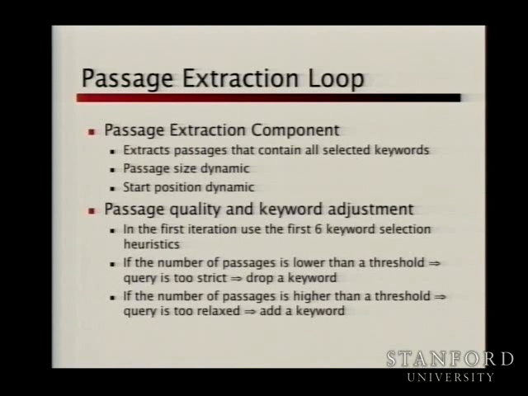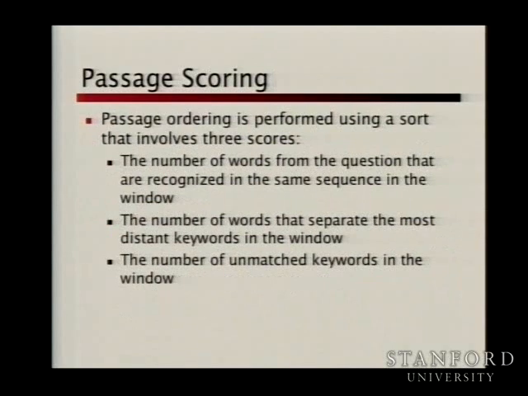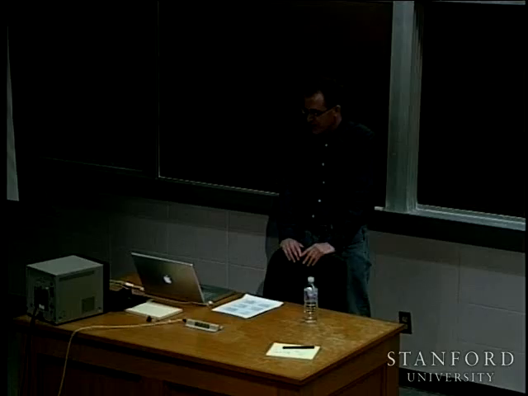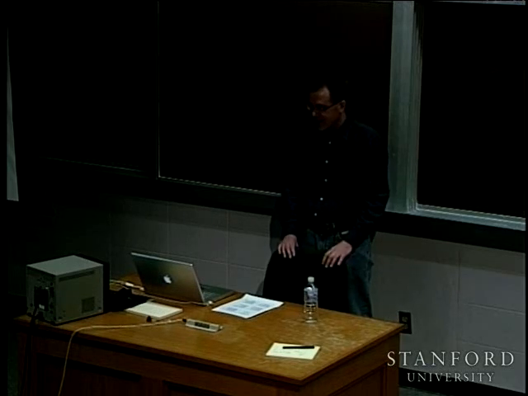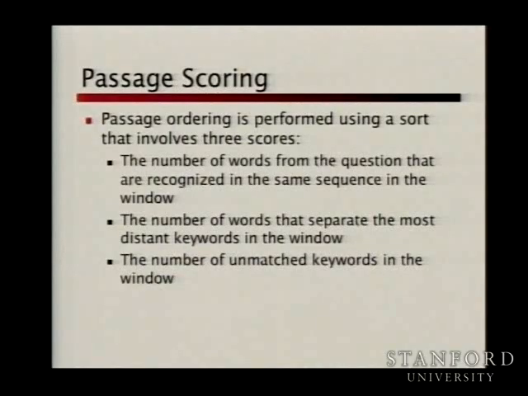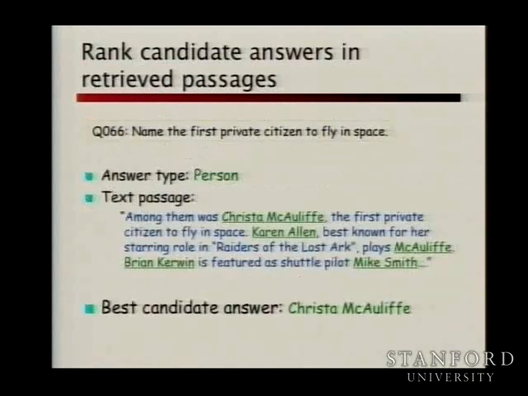If you're getting too many passages, you then refine by adding more keywords, and then you end up with a collection of passages. Then you rank the passages, and there's a fairly obvious passage ranking system: the number of words that are recognized from the question, how close together they are, and how many unrecognized words there are.